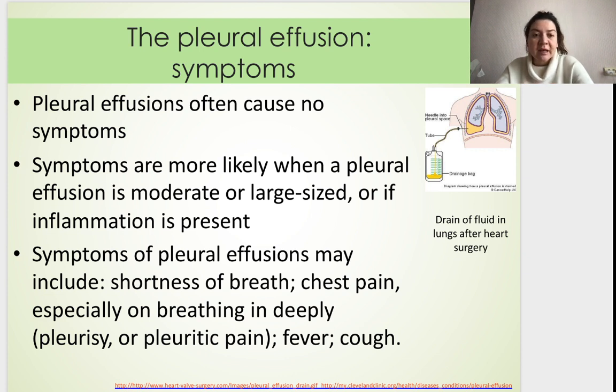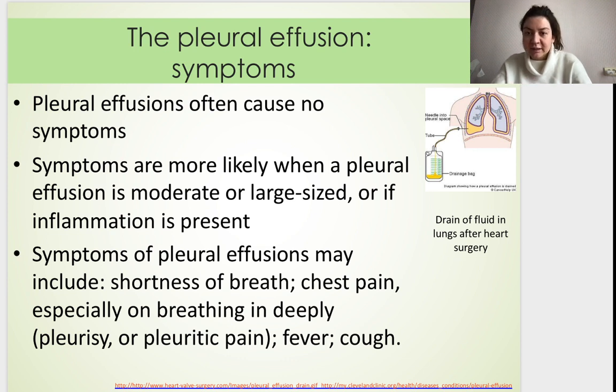Symptoms are more likely when pleural effusion is moderate or large, or if inflammation is present. Symptoms may include shortness of breath, chest pain, especially on breathing in deeply due to pleurisy or pleuritic pain, with fever or cough.